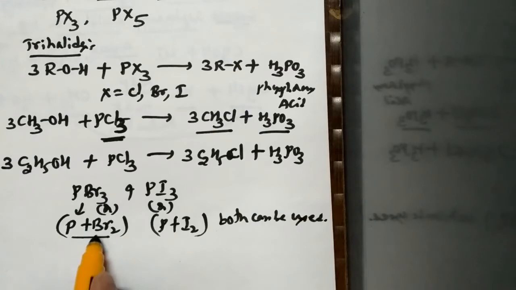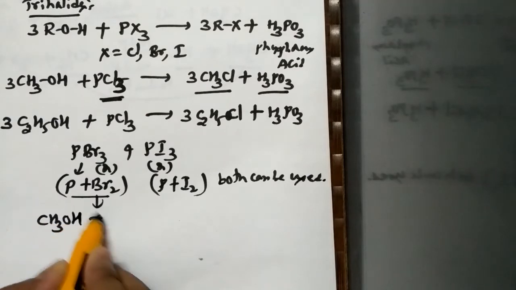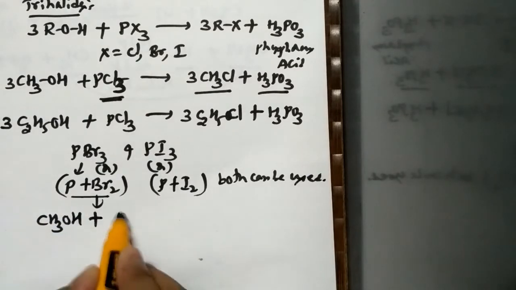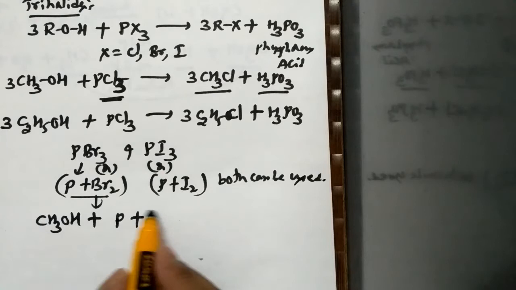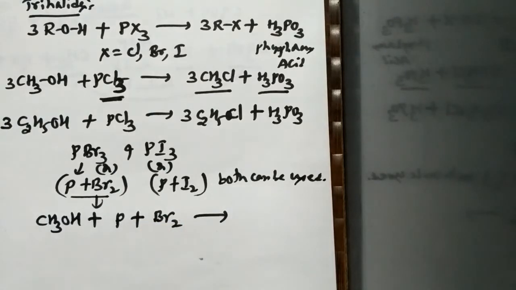Now let us write one particular reaction based upon this combination. Suppose I use methyl alcohol, and this methyl alcohol is made to react with red phosphorus in the presence of bromine. So here what happens? This should be bromine along with 2P. Here 2 moles of phosphorus will be involved, and 3 moles of bromine, such that 6 bromine atoms are there.